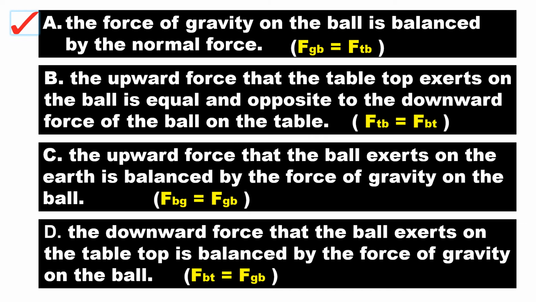We do not use the third law, the law of interaction, to explain why a body stays in equilibrium. It is the first law, the law of inertia, that should explain why a body stays in equilibrium. That is the reason why our answer is letter A.